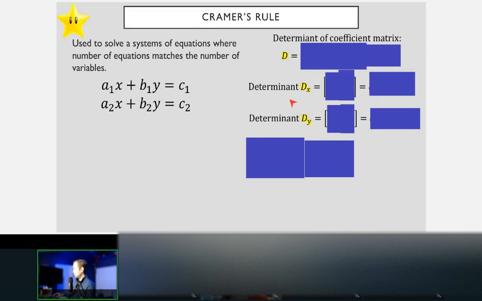And I think, once you learn this, you'll probably never want to solve 2 equations, 2 variables again using substitution or elimination or graphing, because this method is so fast once you do a few and you learn it.